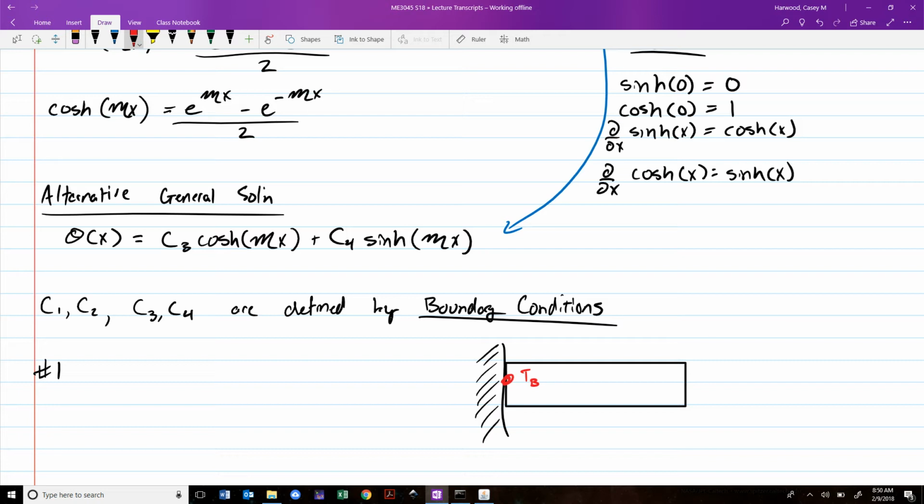It is the temperature at the base of the fin. And so that gives us our first boundary condition, essentially that T at 0 is equal to TB, which means that theta 0 is equal to TB minus T infinity, which we'll just call theta sub B.